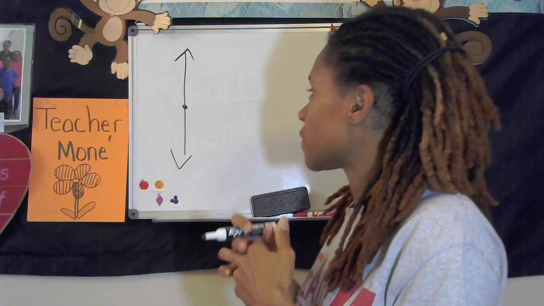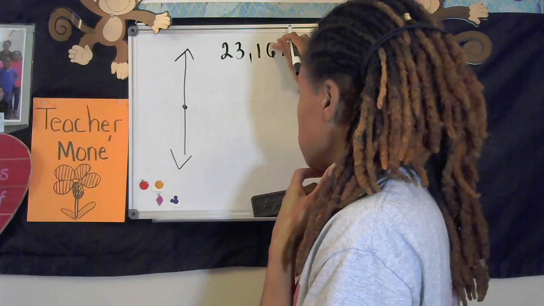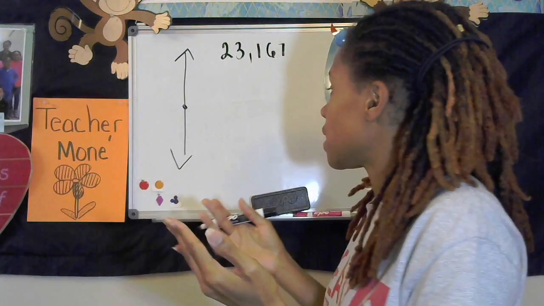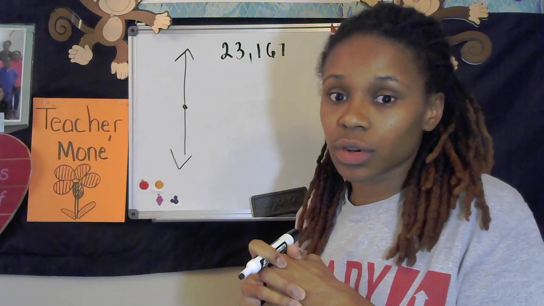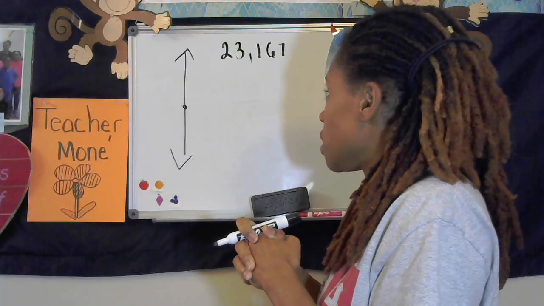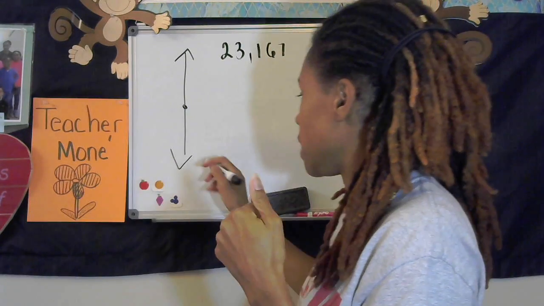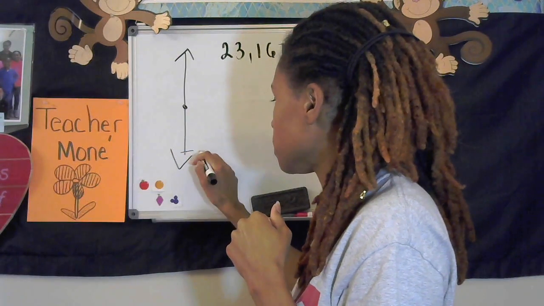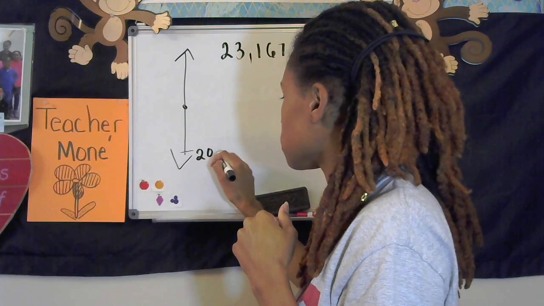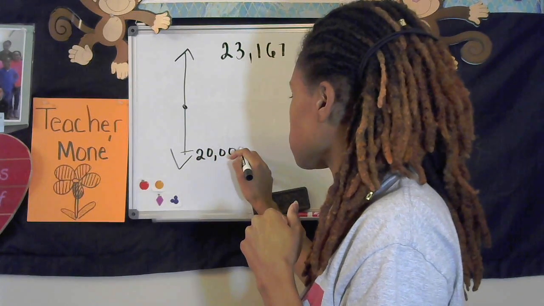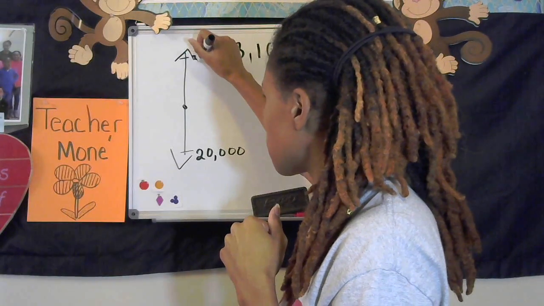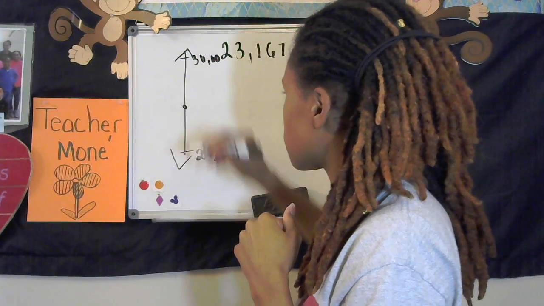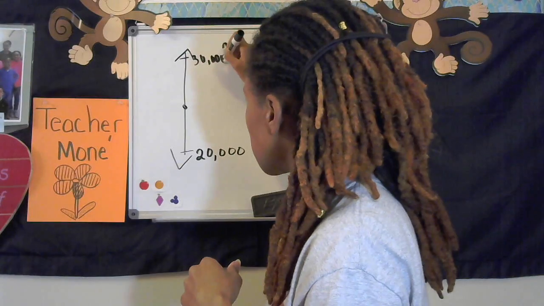So let's say, for instance, we have the number 23,167. So here they are going to round either down to 20,000 or they're going to round up to 30,000. Another 0 there.